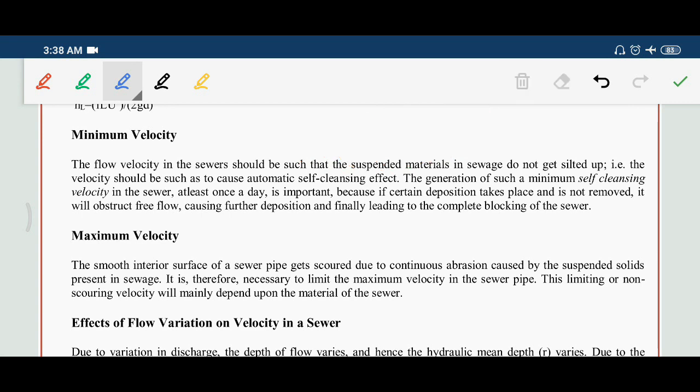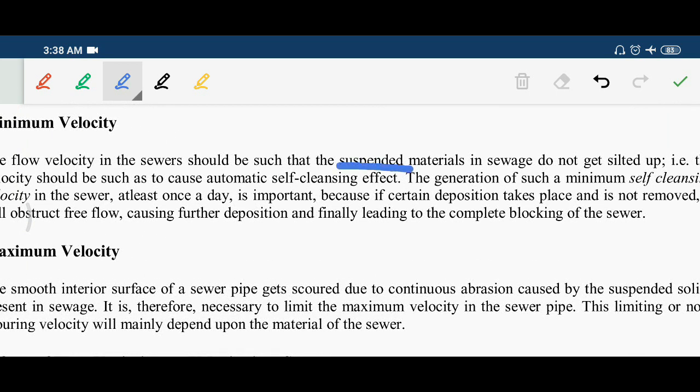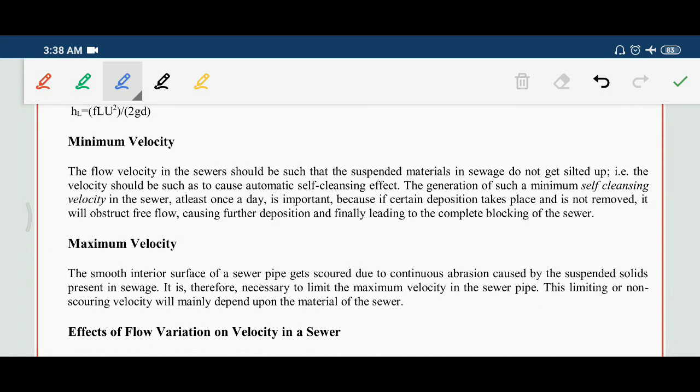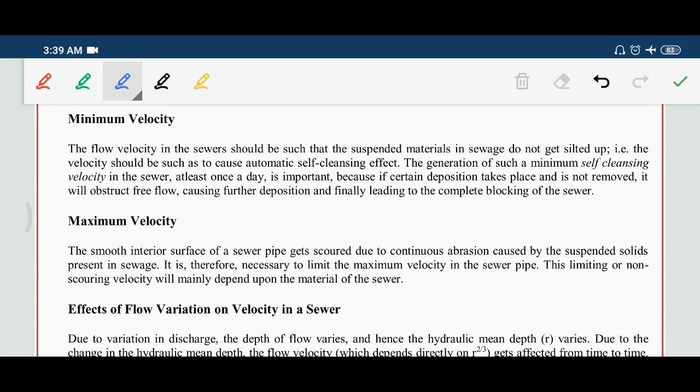It happens because of suspended material present in sewage. As a civil engineer, we have to remember the velocity should be such as to cause automatic self-cleaning effect, to generate minimum self-cleaning velocity in sewers. So you have to remember this point.